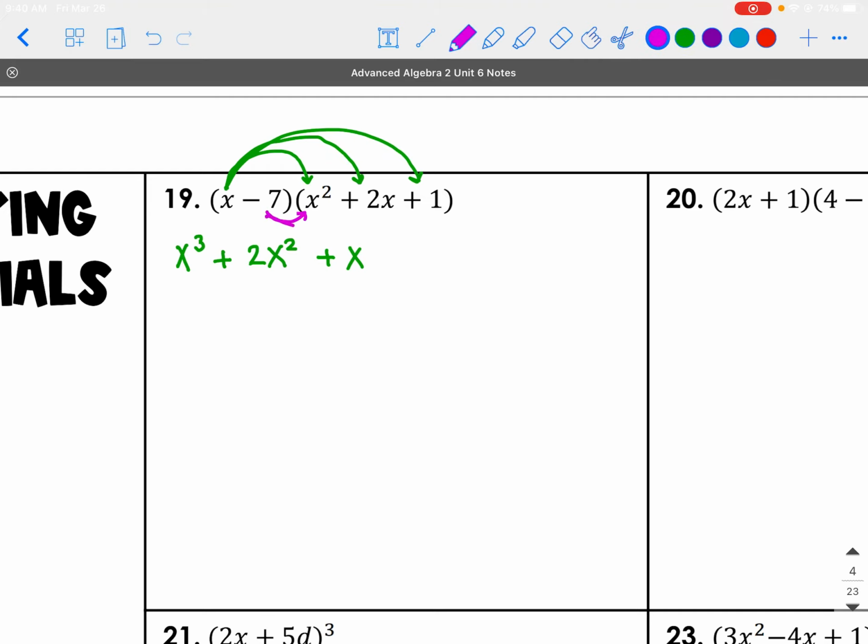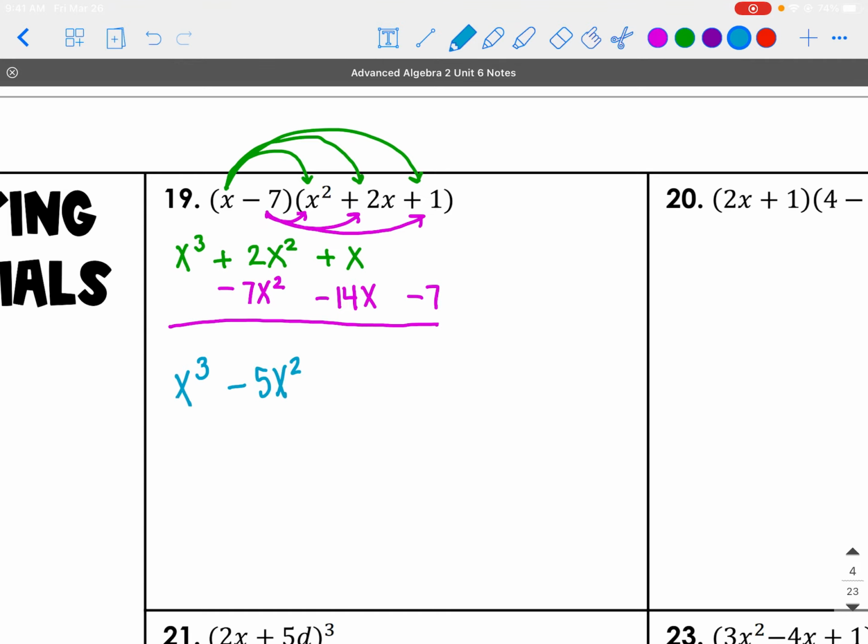And then we take the negative 7 and multiply it by everything. That would be negative 7x squared, negative 14x, and negative 7. And then we add or combine our like terms. X cubed minus 5x squared minus 13x minus 7.